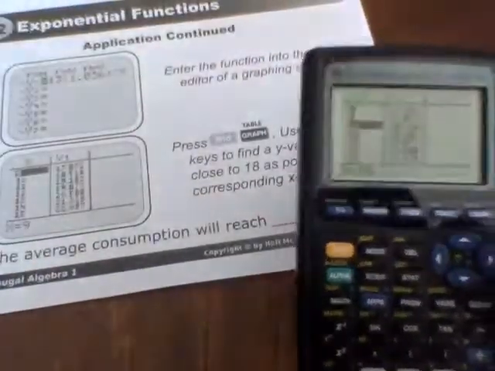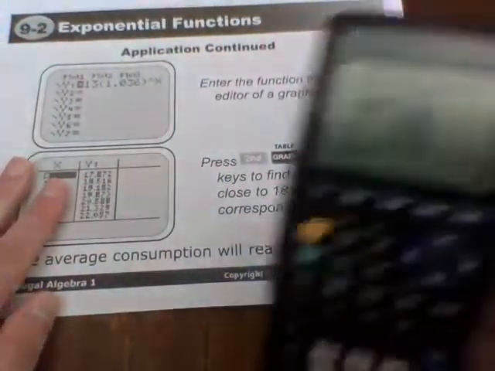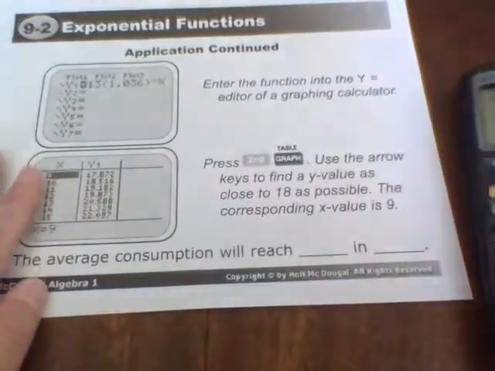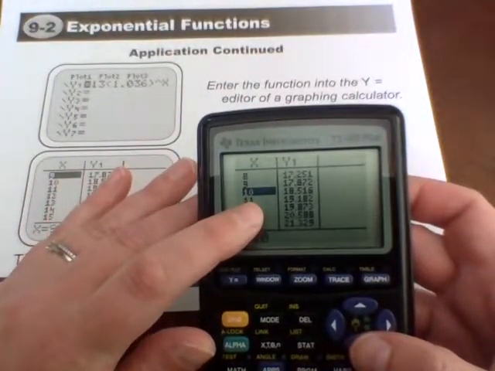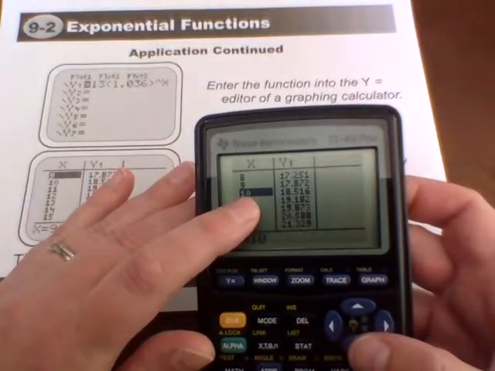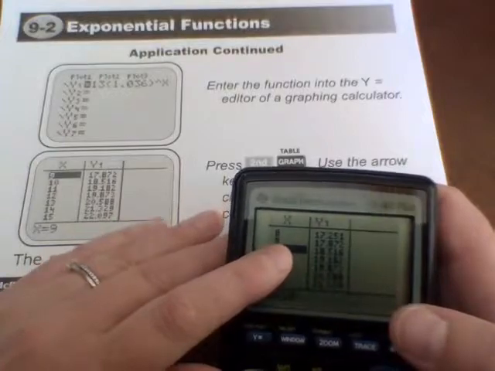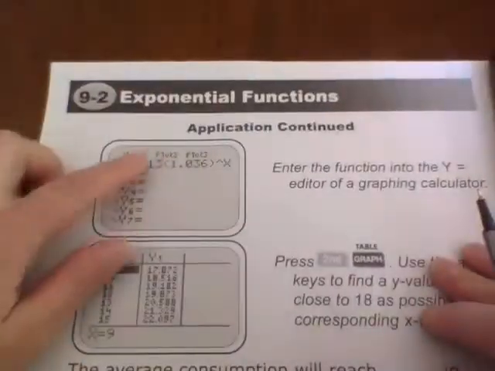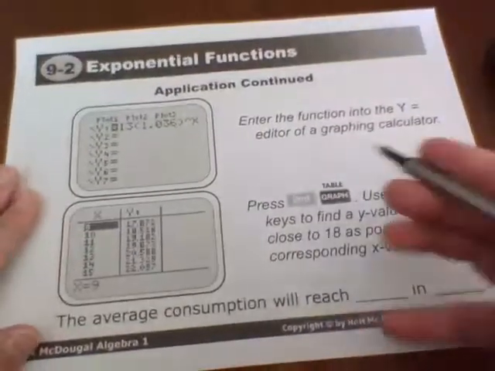We're actually looking for in what year. It's not going to be in year 10, for instance, because in year 10 it already is at 18. So it's during year 9. You can see that these are some images of what they have done and the instructions here.